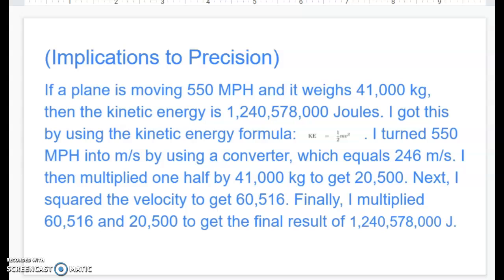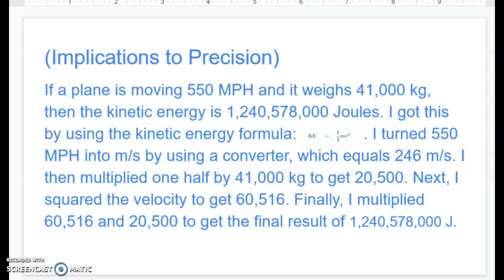My third element to standard pairing is implications to precision. So for this slide, I decided to use a math problem, substituting the mass and the velocity so I can find the kinetic energy for this example. For this example, I just searched up how much a plane weighs, or the mass for it, and I got 41,000 kilograms.